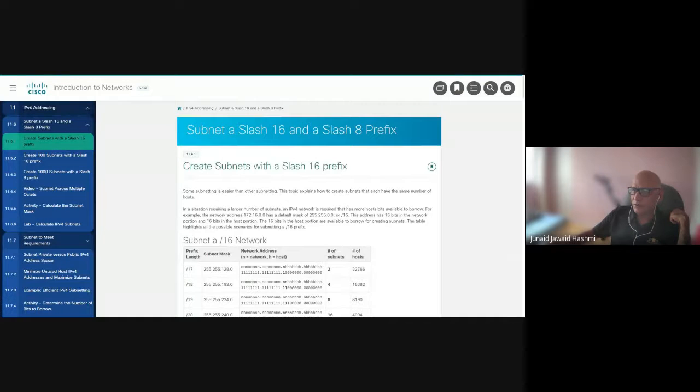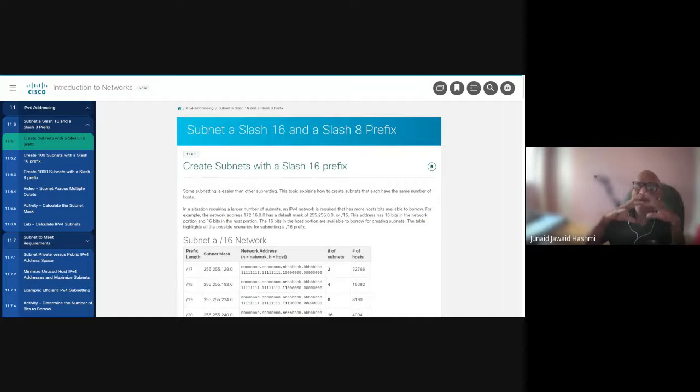So if you go to scientific, 16 to the power of 2, no. So 16 bits give you 65,536 hosts.